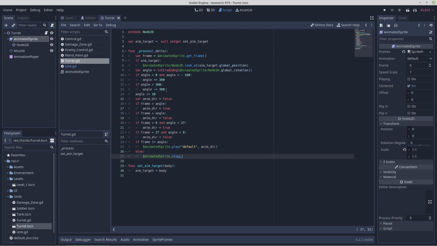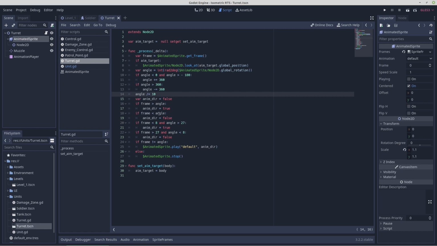The next four lines take that angle and convert it from degrees that range from 0 to 180 on one side of the circle and minus 180 to 0 on the other side. These four lines turn that into a 360 degree circle so that it's 0 to 359 degrees. That angle is then divided by 10 to result in a number that will match up with one of the frame numbers.